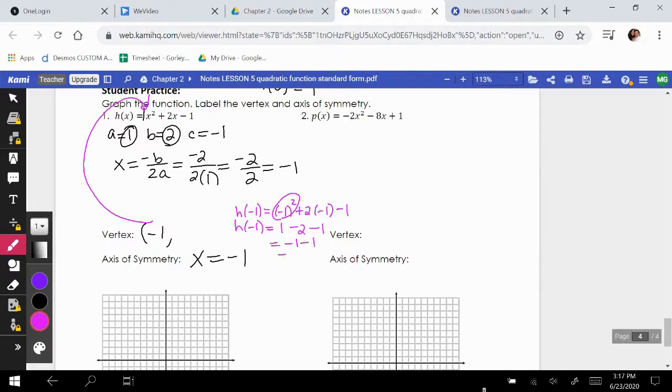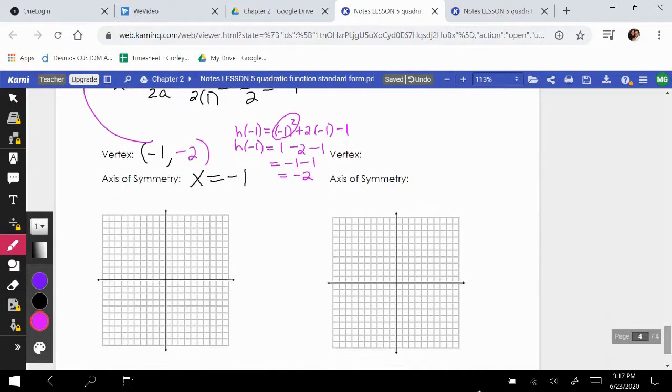Negative 1 minus 1, which is negative 2. Okay, so it looks like it would be (-1, -2). Let me graph that. (-1, -2) is my vertex. Axis of symmetry goes right through it. There's x equals -1.